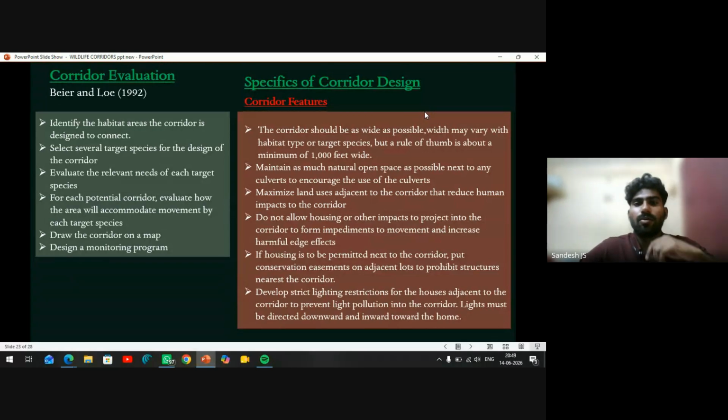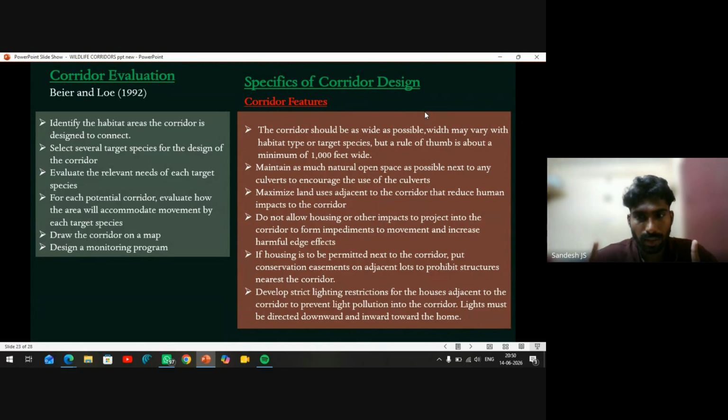Maximize land use adjacent to the corridor that reduces the human impacts on the corridor. Do not allow housing or other impacts to project into the corridor, which impedes movement and increases the harmful edge effect. So you have to decrease the edge effect also, and not allow any housing or other things near the corridor.